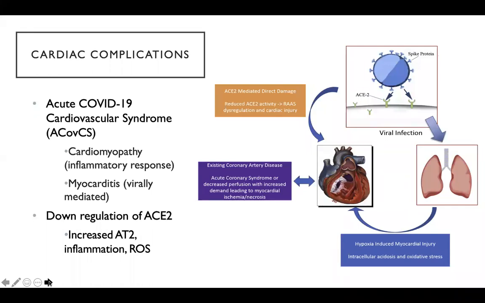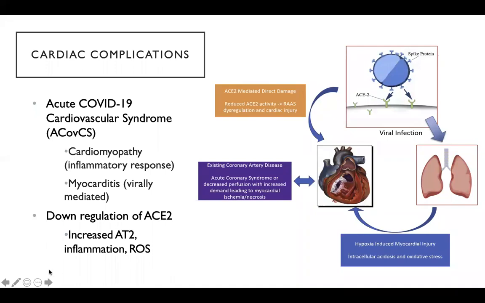These can lead to cardiac dysrhythmias, specifically ventricular dysrhythmias. These are the ones that are most likely to lead to a cardiac arrest. On the cardiomyopathy side, again, patients with a high amount of inflammation tend to have more atrial dysrhythmias.